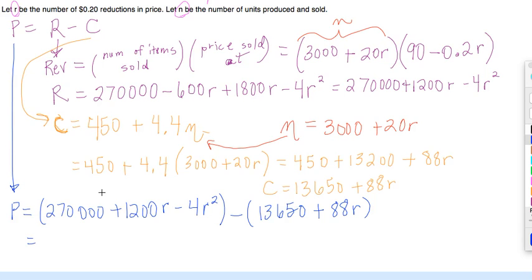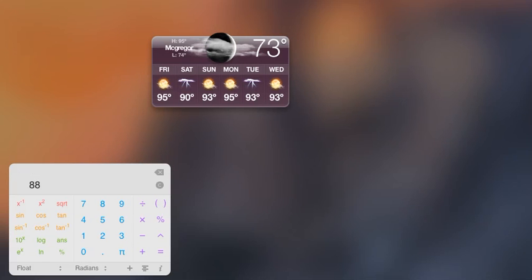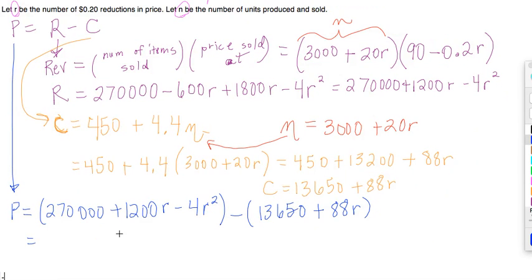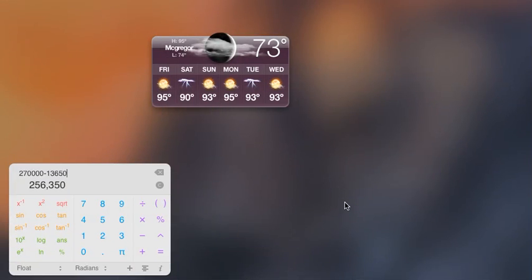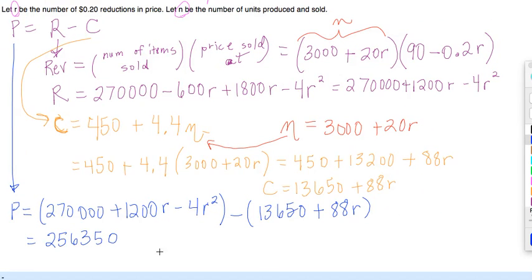So 270,000 minus 13,650 is 256,350. We've got 1,200R minus 88R, which is 1,112. So this is going to be plus 1,112R, and then we have the minus 4R squared. All right, so there's my profit function in terms of lowercase r.